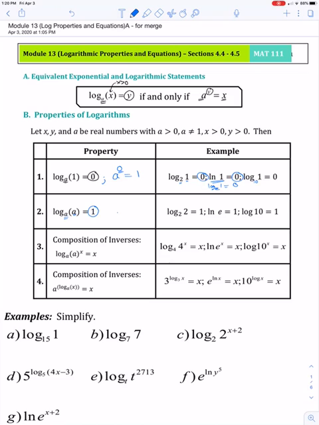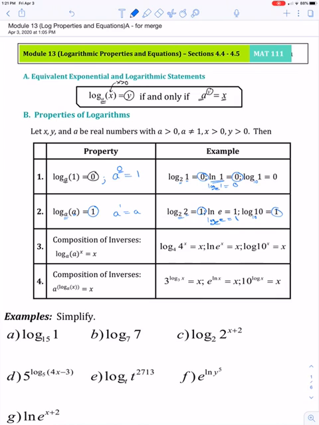And that's true because a raised to the 1 power will give you a. What power do you raise your a to get a back? 1. So log base 2 of 2 would equal 1. Natural log of e, which is log base e of e, would simplify to 1. Log base 10 of 10 would simplify to 1.